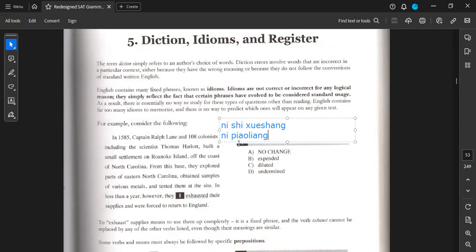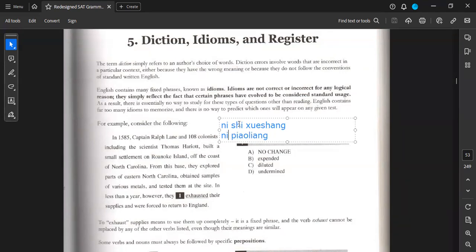So you say ni piaoliang. Ni piaoliang means you're pretty, but for whatever reason, there's no particular reason, you just can't say ni shi piaoliang, even though shi is supposed to mean the verb to be, like I said. If I say ni shi piaoliang, it's wrong, but ni piaoliang is correct.